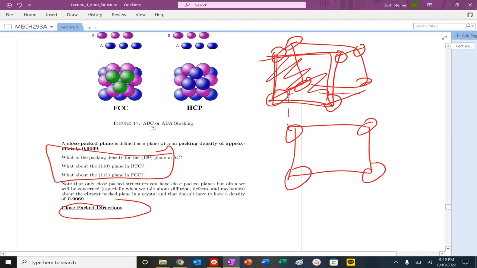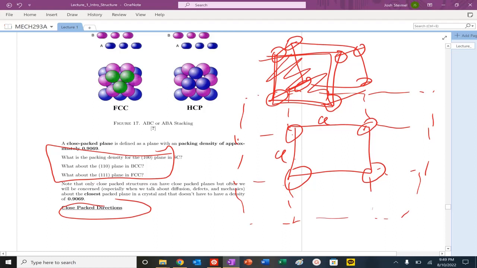There's going to be another plane in 2D, and I know that this is my lattice parameter A for simple cubic. My planar density equation is just the number of atoms times pi r squared, the cross-sectional area of my circle, over the area of the plane. And my magic number to be a close packed plane is 0.9069, again, geometry.